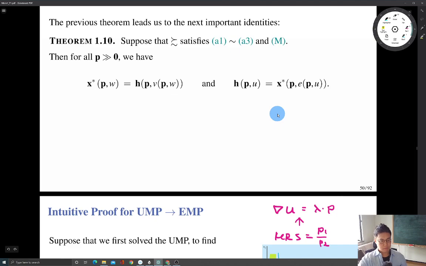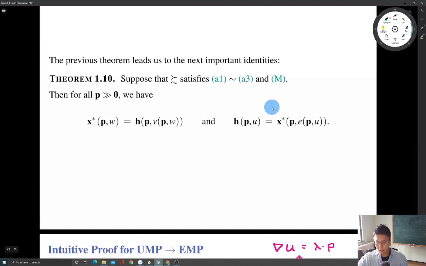So now we have the complete link between the four components in the UMP and EMP. Suppose that we have a function V, so we know what the indirect utility function looks like. And by the previous proposition, we can recover the expenditure function.